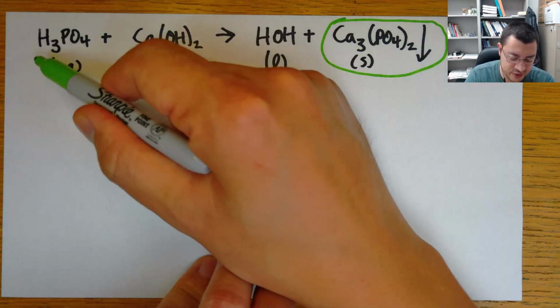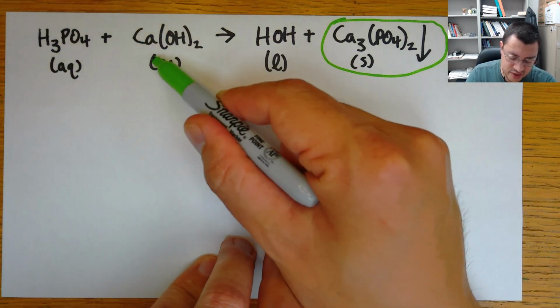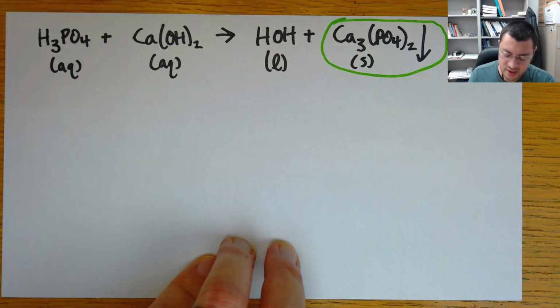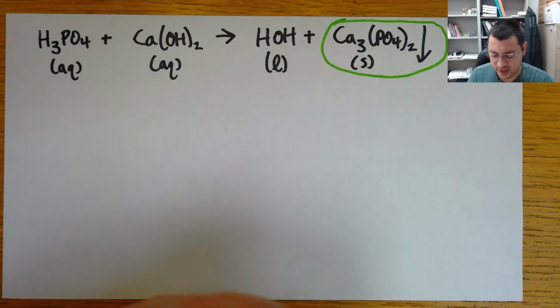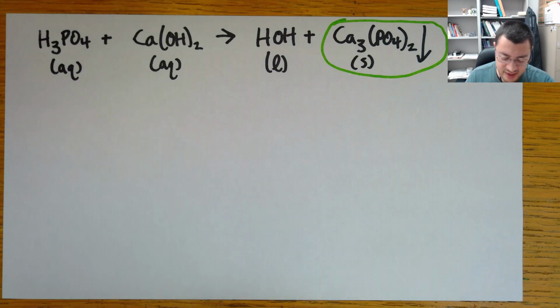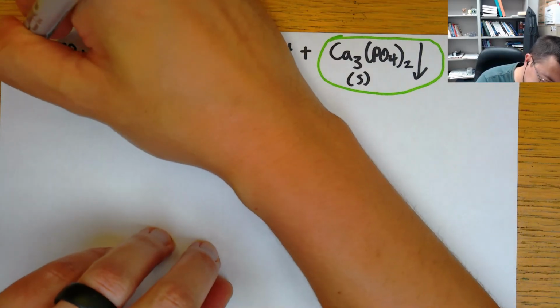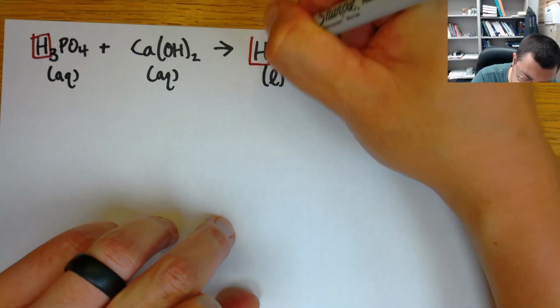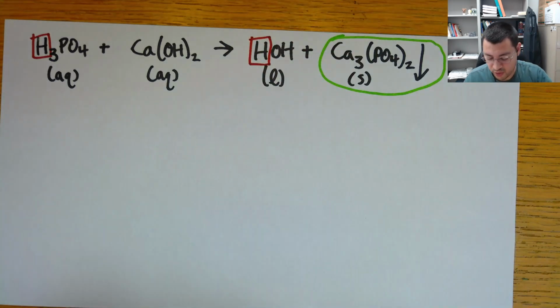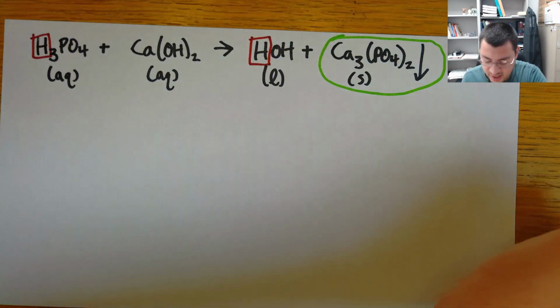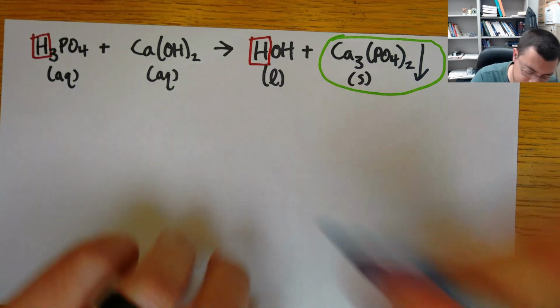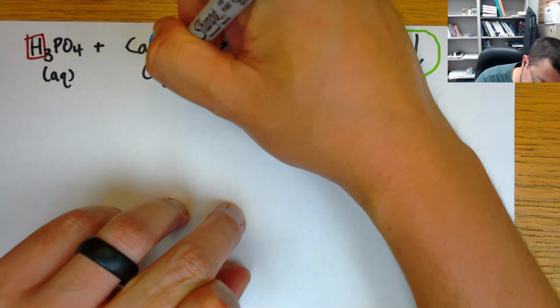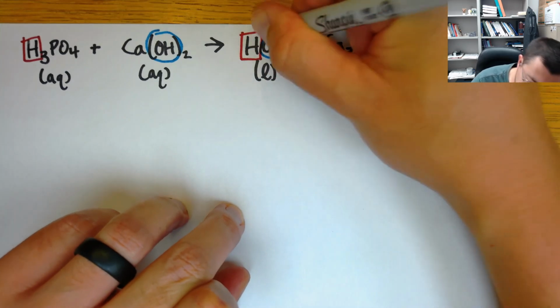Here we just have 3-to-1, 1-to-2, and 1-to-1. So this is the most complicated thing. I'll get back to the idea in a bit. I'm going to put my H's in red boxes, H pluses, and I'm going to put my hydroxides in blue circles. There we go.